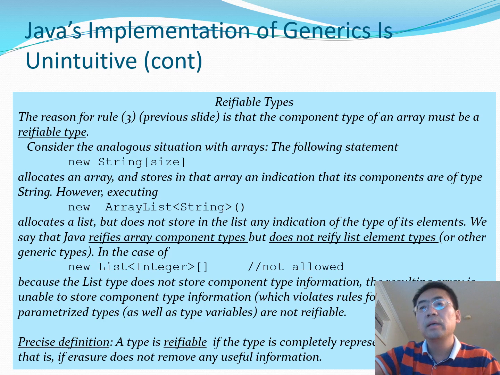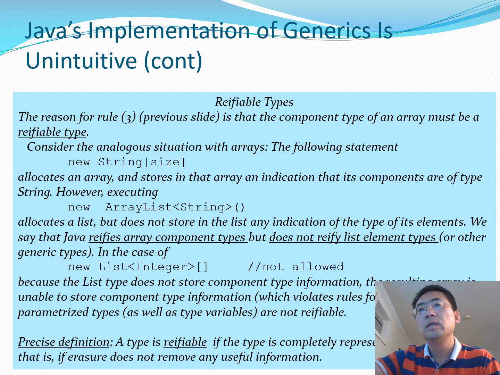But we know Java does type erasure when the compiler sees generic or parameterized types. So the compiler removes type information when compiling, and at runtime you lose information on the types.